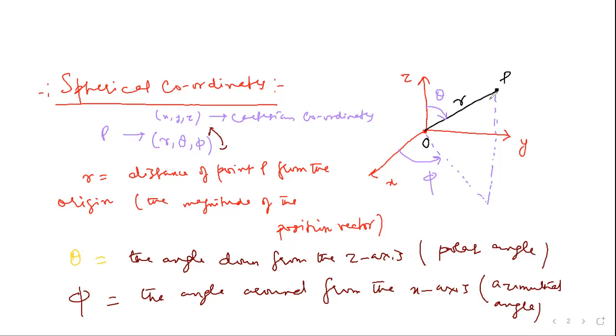So OP has projection on the xy plane. That is r sin theta. So this dotted line is r sin theta. Then its projection on the x-axis is the x coordinate. That will be r sin theta cos phi. And its projection on y will be r sin theta sin phi. Right?